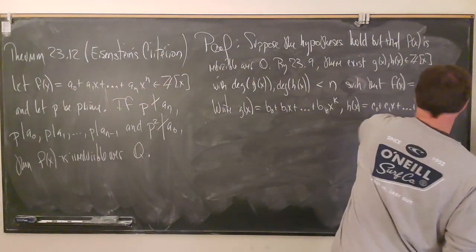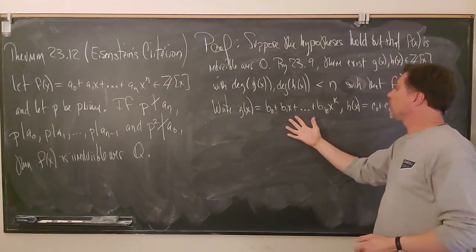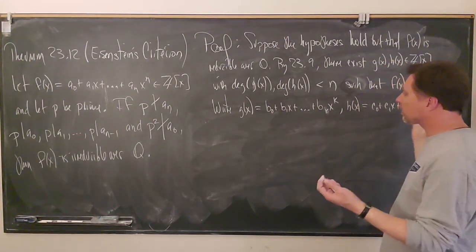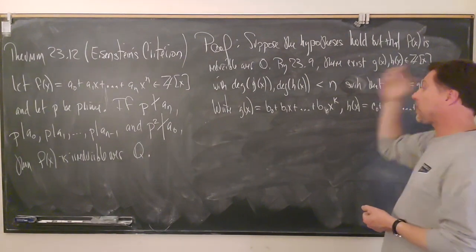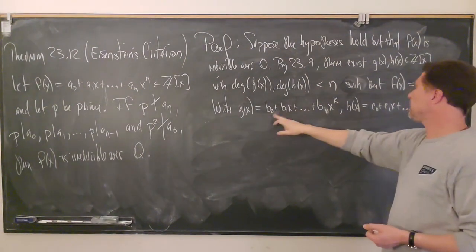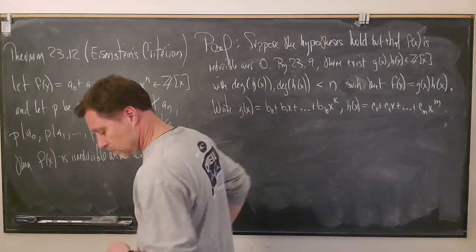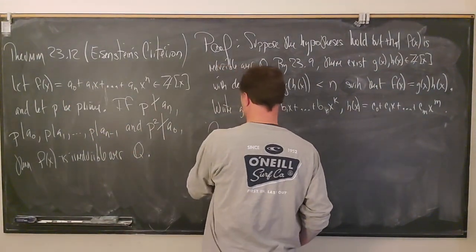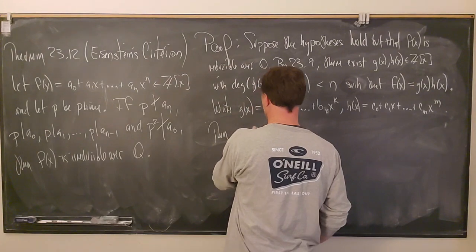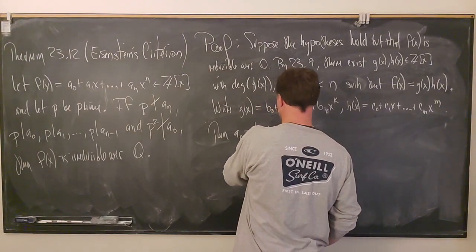Okay, so now if you multiply these two polynomials, we're supposed to get f. In particular, when you multiply the constant coefficients, b0 times c0, that's going to give us a0. So a0 is equal to b0 times c0.